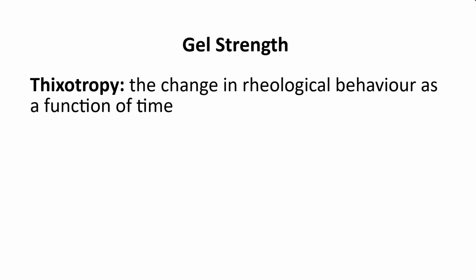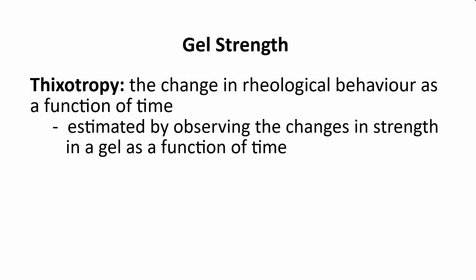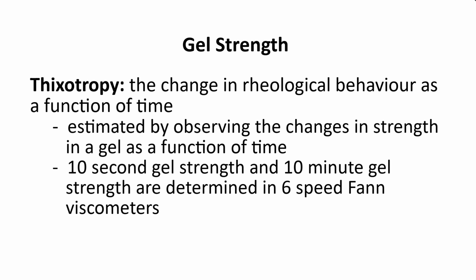Thixotropy, in other words, the change in rheological behavior as a function of time, can be estimated by observing the changes in strength taking place in a gel as a function of time. According to API RP 13B, two values, 10-second gel strength and 10-minute gel strength, are determined in 6-speed fan viscometers.